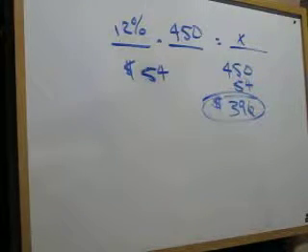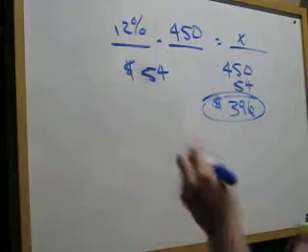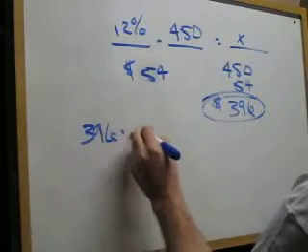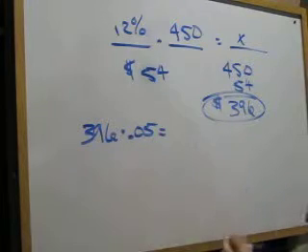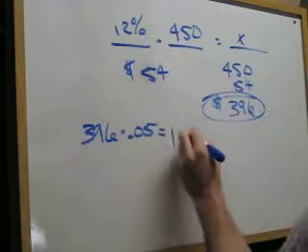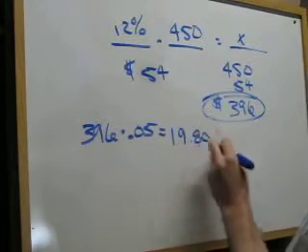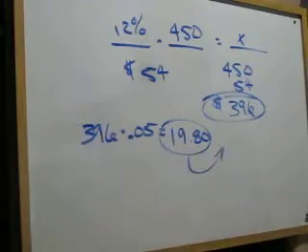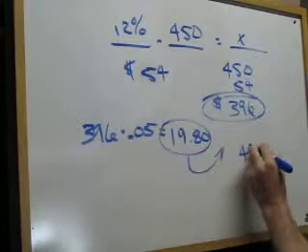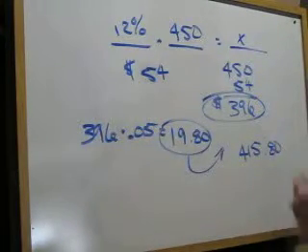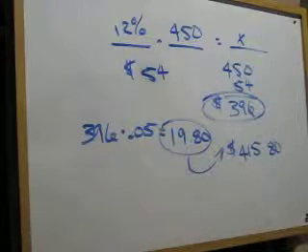The total bill would be including the sales tax. So now we're going to have to take that 5% sales tax, 0.05, which is the same as 5%, and we get a total sales tax of $19.80. So we're going to have to take that $19.80 and add it to the $396 that we paid for the washing machine, which gives us $415.80.